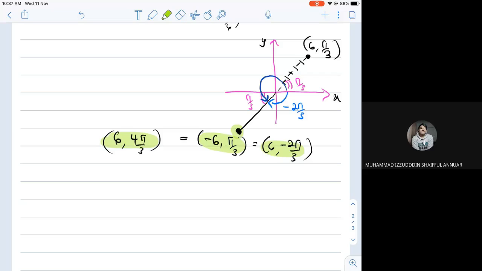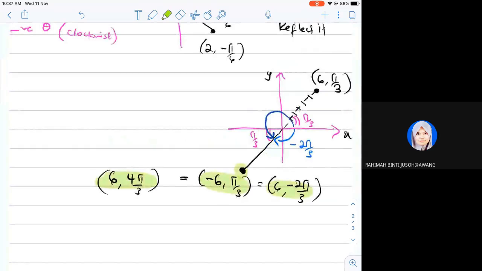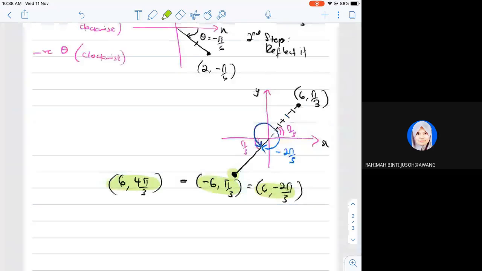Oh, no need. You can straight away sketch the coordinate. The dashed line is just for reference. No need to plot the dash line, just sketch the real point. What I'm doing now is showing the step by step to plot the coordinate for the case of negative radius. Understand, guys?